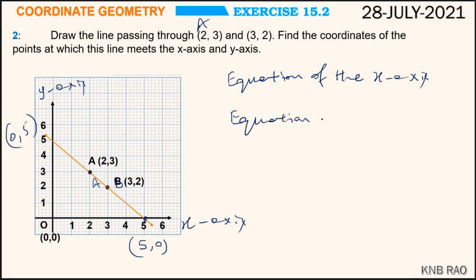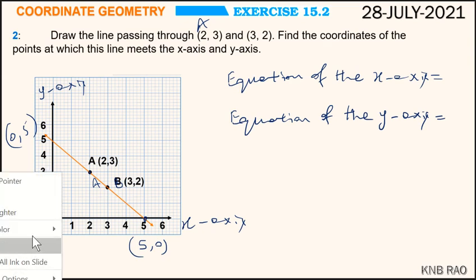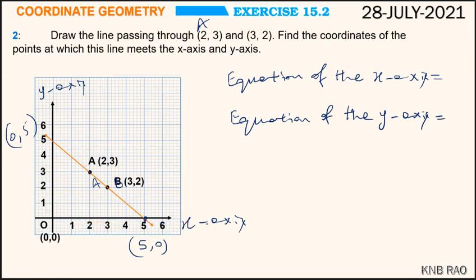the equation of the y axis. Remember children, equation of the x-axis and equation of the y-axis. Equation of the x-axis: any point lying on the x-axis, any point you take, this is 1 comma 0, this point is 2 comma 0, this point is 3 comma 0, and any point lying on the x-axis will have its y coordinate as 0.